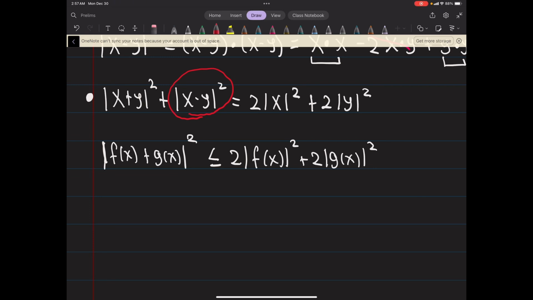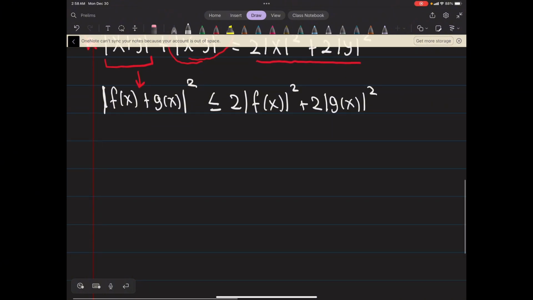So if we were to subtract that off, the left-hand side of this equation is getting smaller, because really we just have this part, right? That's all that is. So since we're taking away that circle term, it must be less than or equal to the right-hand side, because again, that circle side is positive because of the absolute value. So if we take it away, we're going to get this sort of triangle inequality. I hope that makes sense.